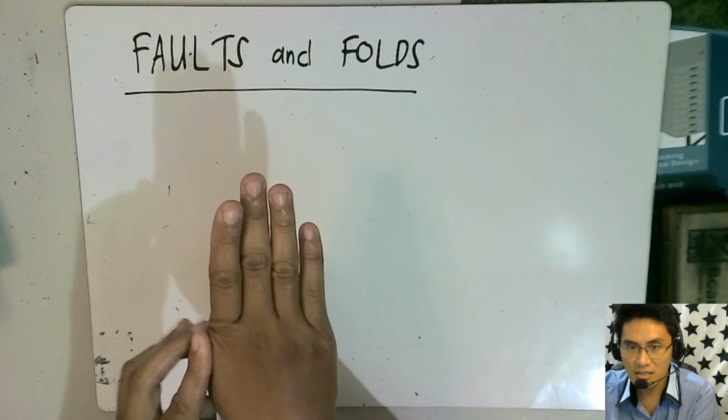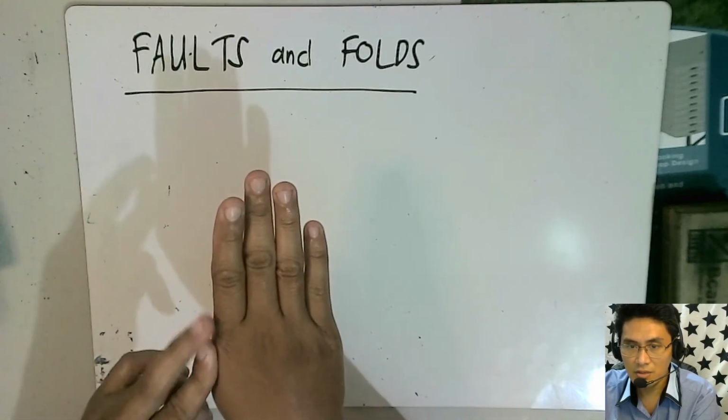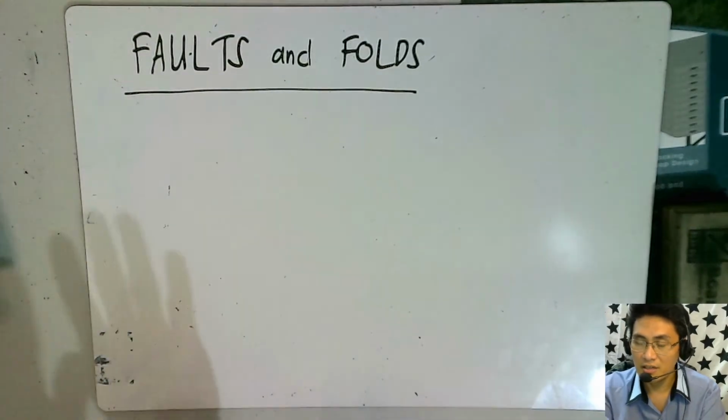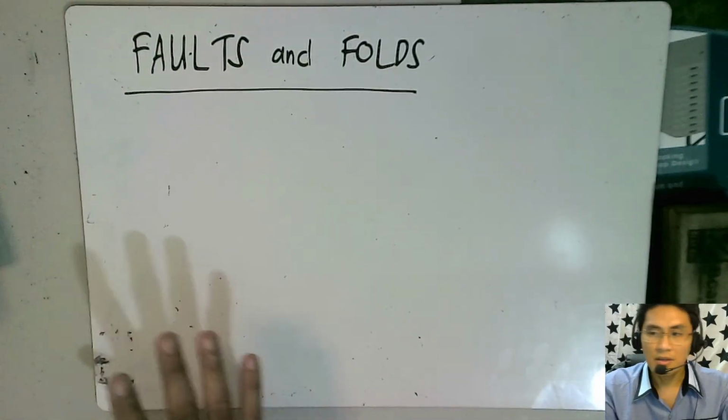That wrinkling forms those folds, and you find rock structures that are folded into what we call synclines and anticlines. I said synclaires, but it's synclines and anticlines, right?